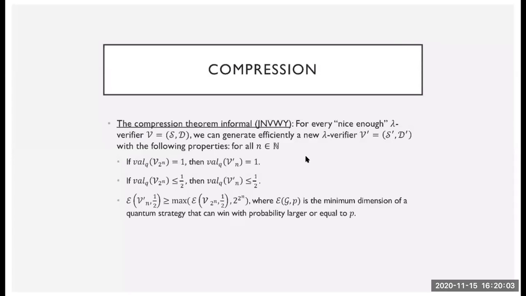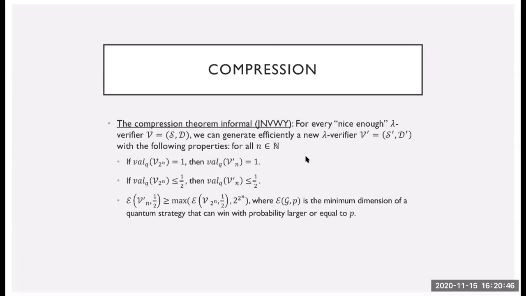You want to use the previous protocol, but the problem is that your questions and answers are too long. But you can do the following. Instead of asking the provers the original questions, you can ask them shorter questions and ask them to sample the long questions. But for them to be able to sample the long questions using only the short questions, they need more entanglement.